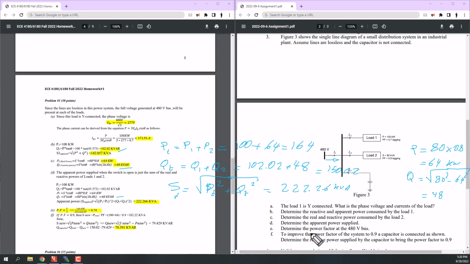For the next part, part E, determine the power factor at the 480 volt bus.